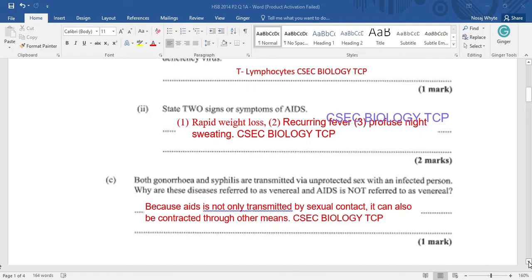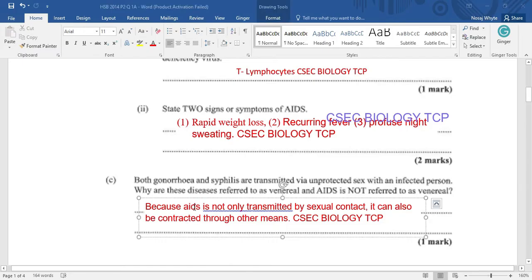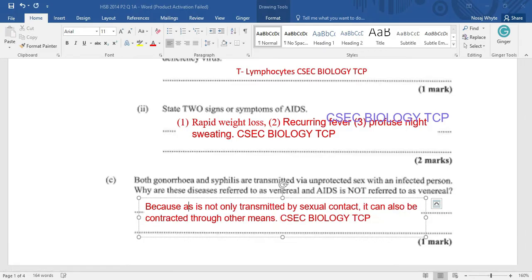Now, the reason here why AIDS is not considered a venereal disease is because, and let me correct that for you, AIDS is not transmitted only by sexual contact. AIDS is also transmitted by other means.